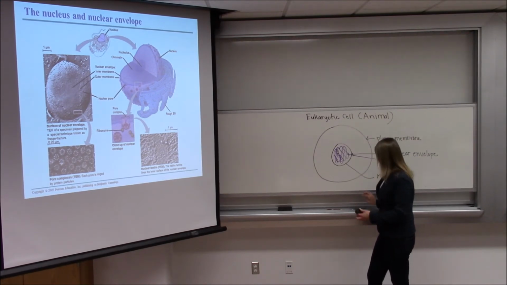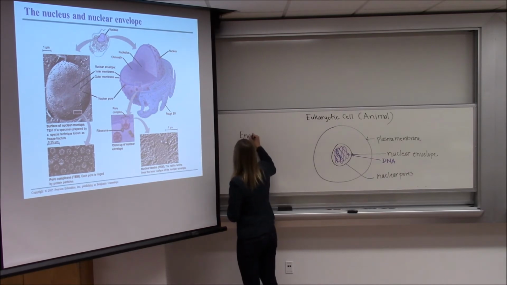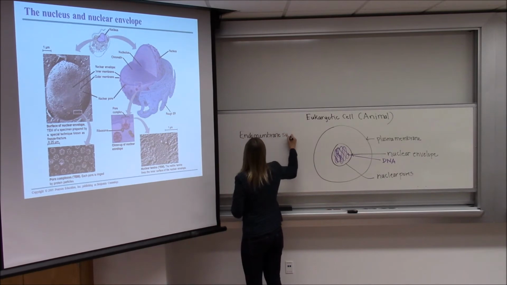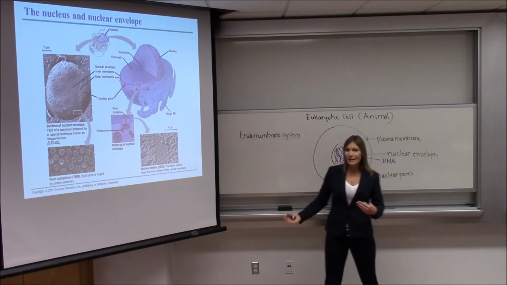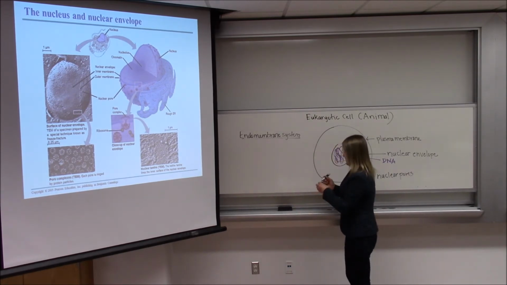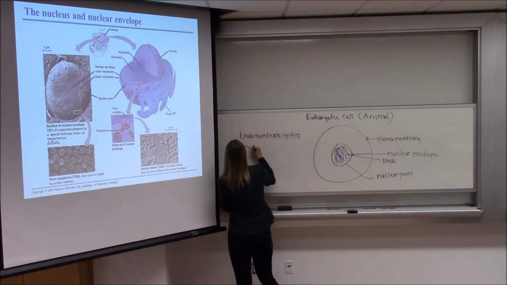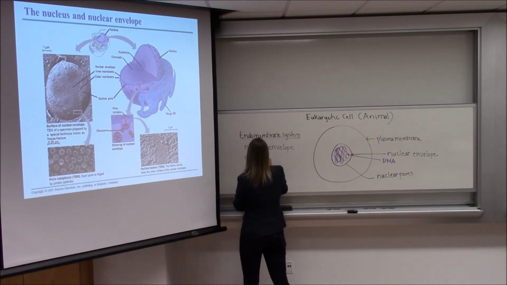So we have something in eukaryotic cells called the endomembrane system. This is going to be a lot of membranes that all really communicate with each other and connect with each other to produce products in the cell and move products around in the cell. Some of those products will eventually move out of the cell. So part of that endomembrane system is really what we've already listed, the nuclear envelope, and then finally on the outside, the plasma membrane.